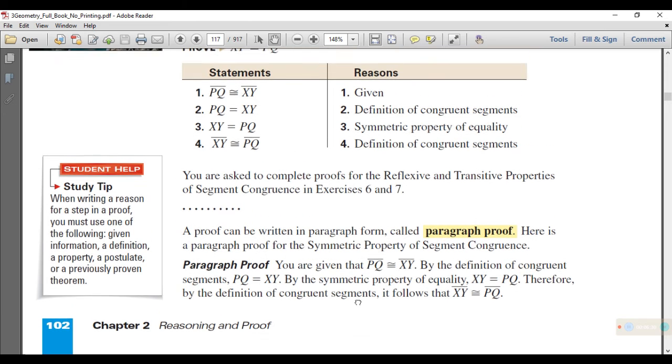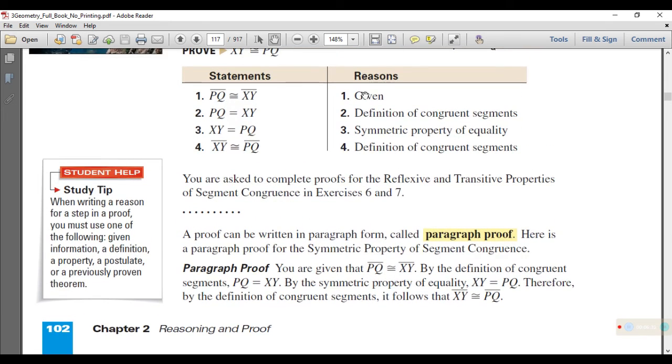Ang pinakasimpleng format lang nito, start with the reason, then give the symbol. So, una, you are given that segment PQ is congruent to segment XY. By the definition of congruent segments, PQ is equal to XY.